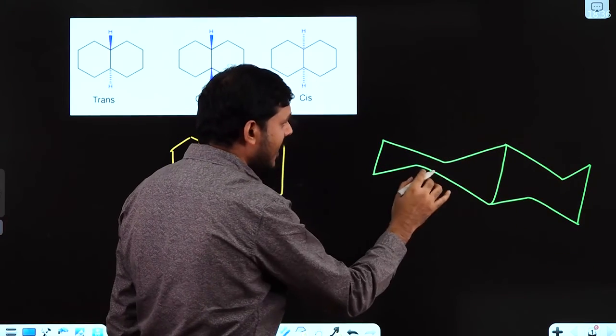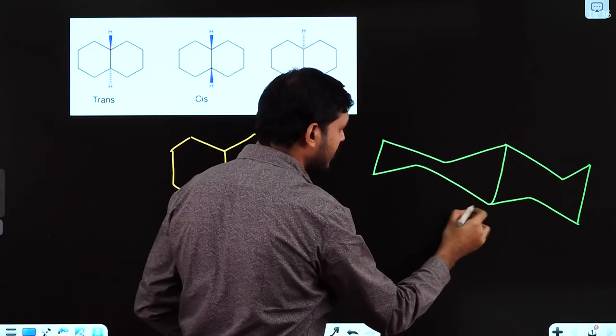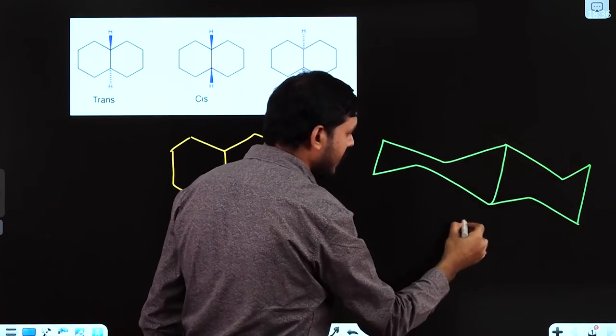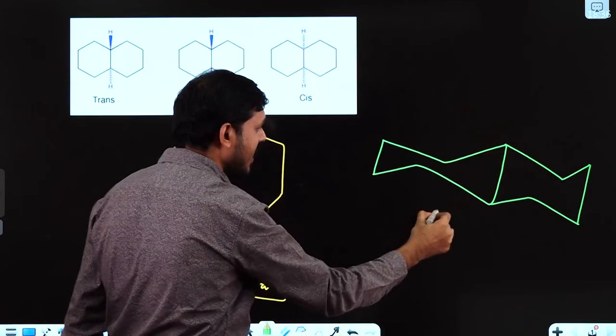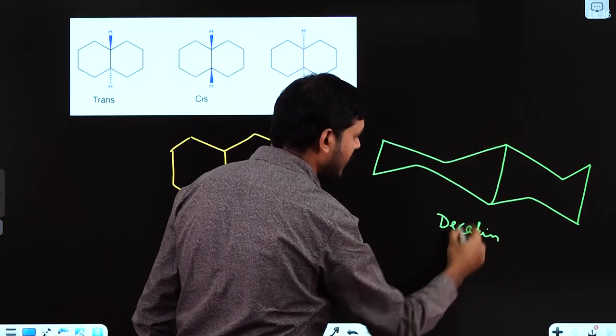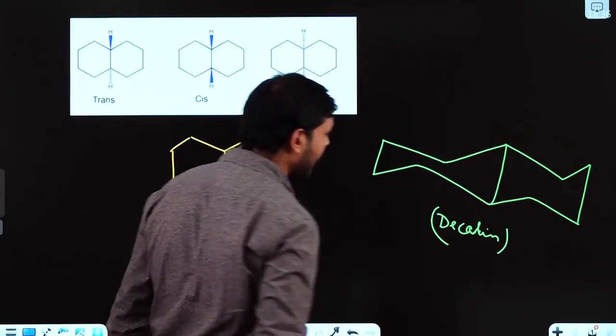See, if I look at this part, this is your 1, 2, 3, 4, 5, 6 members, 7, 8, 9, 10. So this is a 10 member ring. This is your decalin, and this decalin is one type.